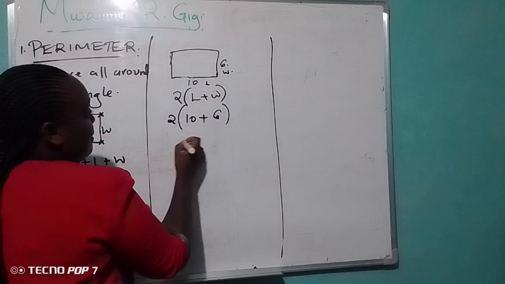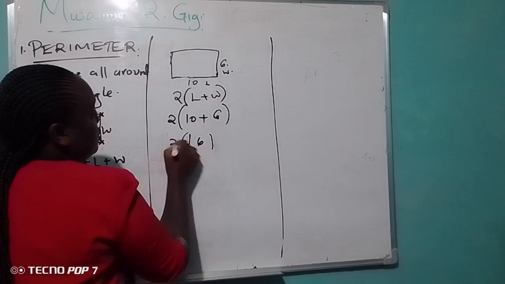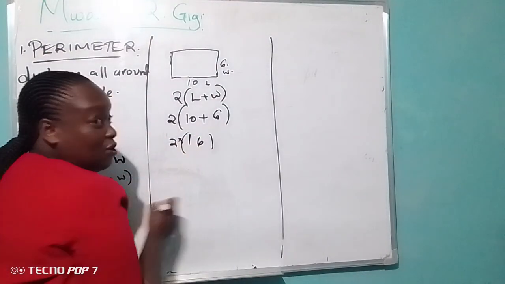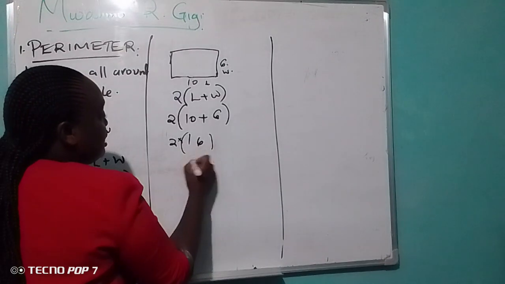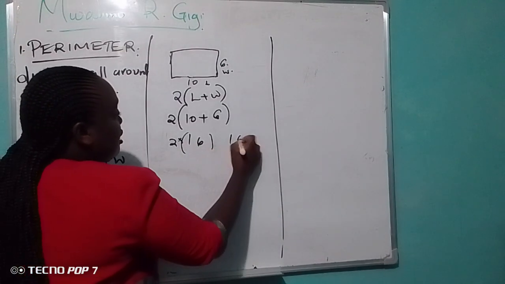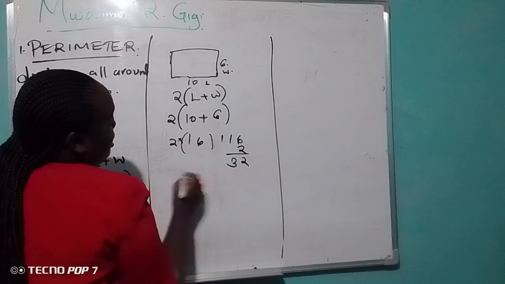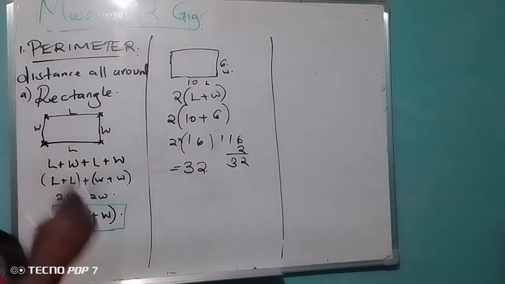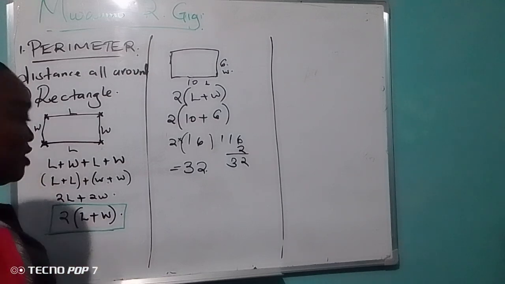So it's 2 into 10 plus 6. 10 plus 6 is 16 times 2, si ndio? Brackets ni ina mean multiplication, si ndio? So 16 times 2 is 32. So your answer is 32. So I've forgotten something very, very important. Units.